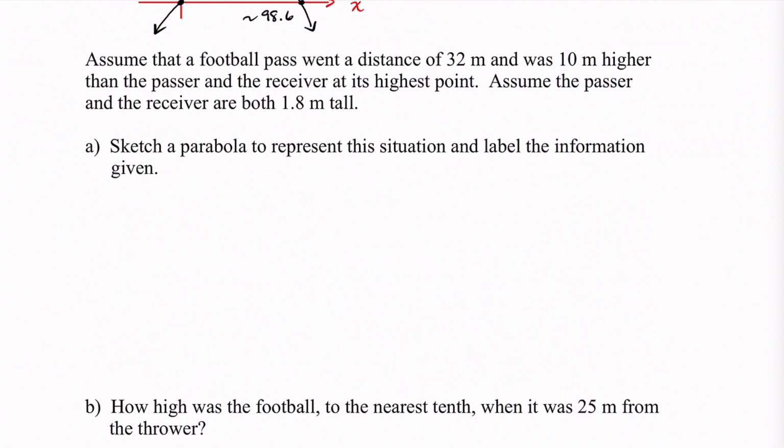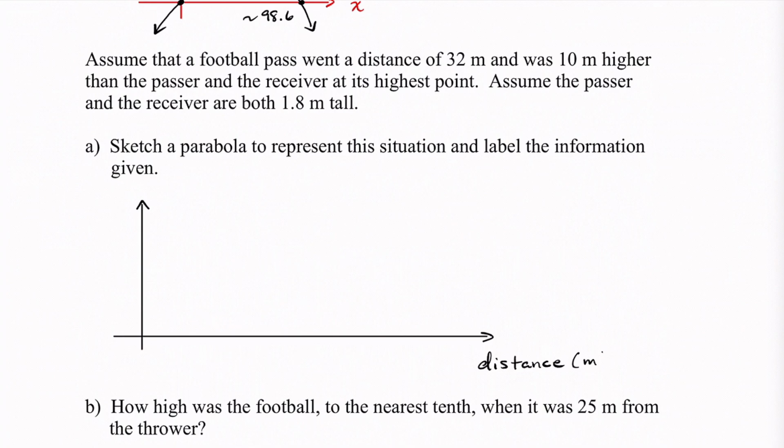So let's sketch a simple little graph. And on the graph, we're also going to have our people standing there just so that it makes the question a little bit easier to interpret. So I put my distance on the horizontal axis. It's measured in meters.